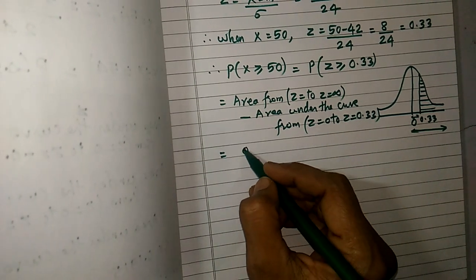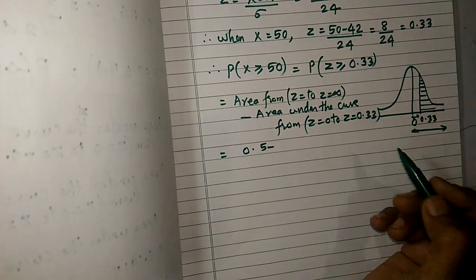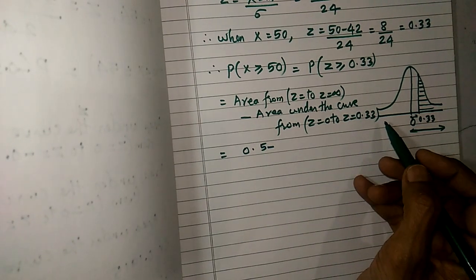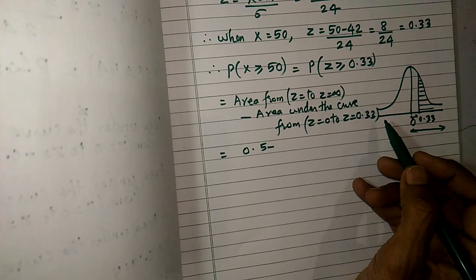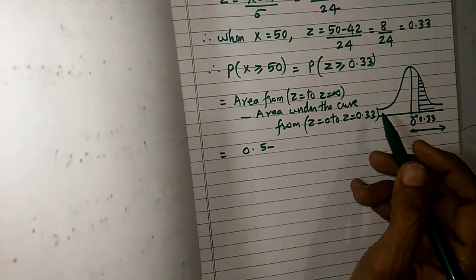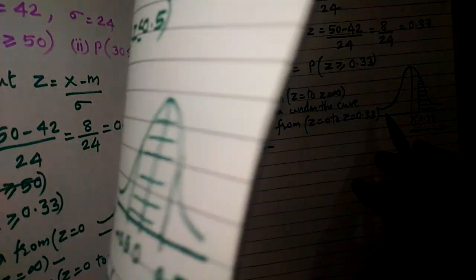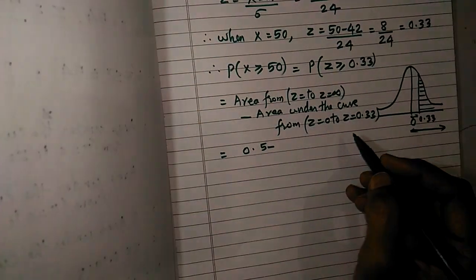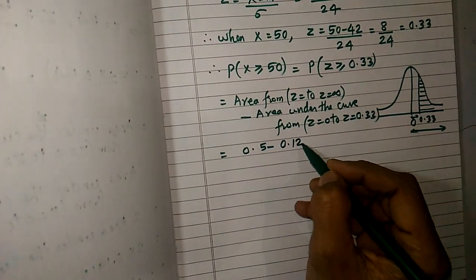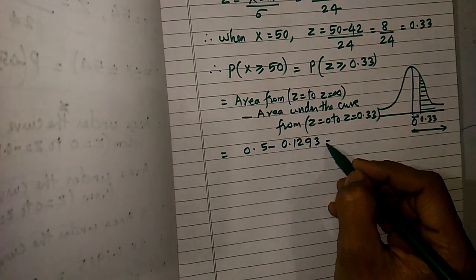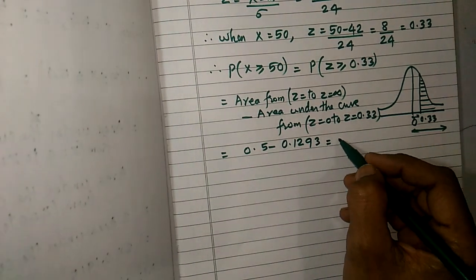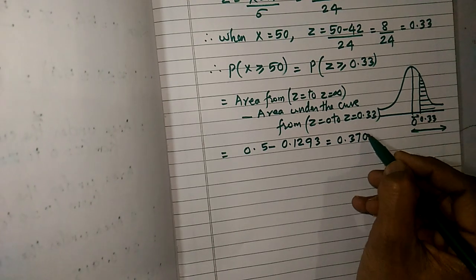So that is equal to 0.5 minus, now the value for z equal to 0 to z equal to 0.33 is given by 0.1293. This is equal to 0.3707.